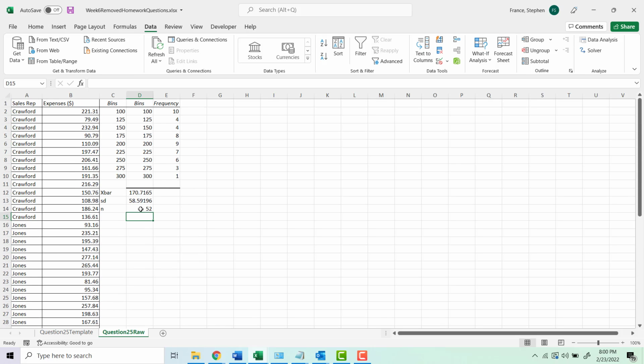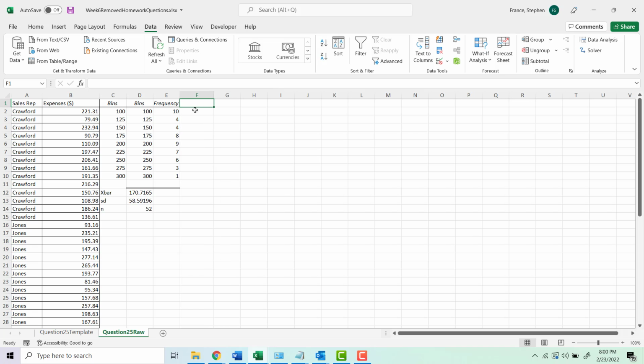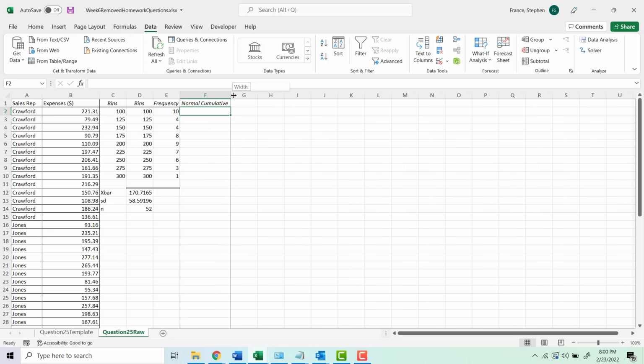Now, the next thing we want to find out is, if it was a normal distribution, what would the cumulative distribution function be? So we have normal and cumulative. This is what we're eventually going to turn into a frequency.